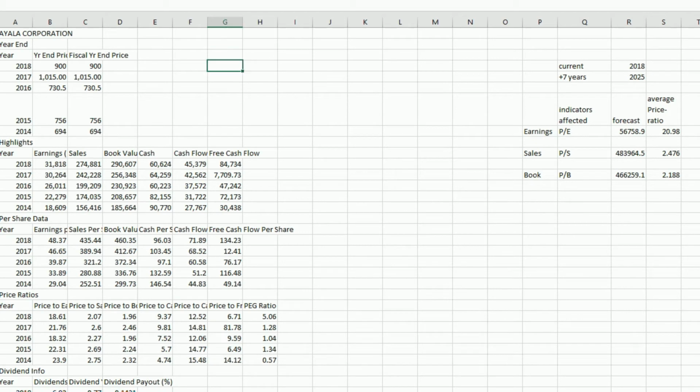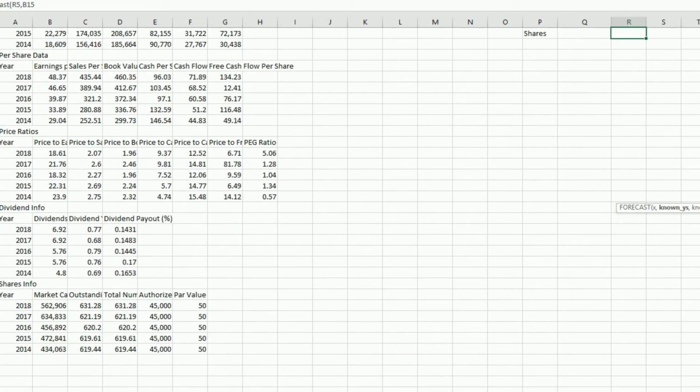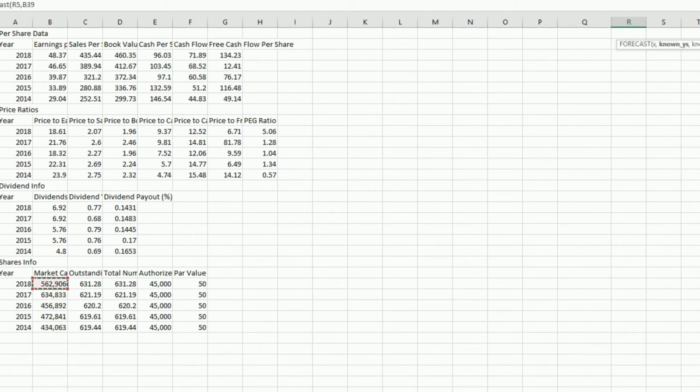So let's also project the number of shares. You can also forecast that in 2025, given the known X and the known Y. So this is your outstanding shares. If you will notice, it is increasing more or less.